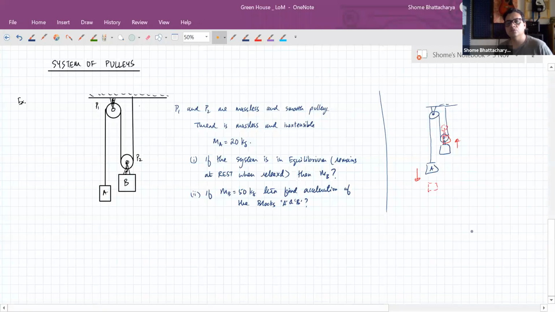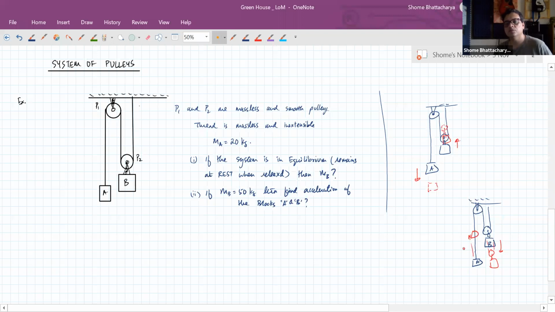Or another kind of motion could be the opposite, which is going to happen in our second part over here, that the block B is much heavier. So the weight of the block B is so much that it's dominating. So then it could be that block B ends up coming down after some time, and as a result of that, block A ends up going up.